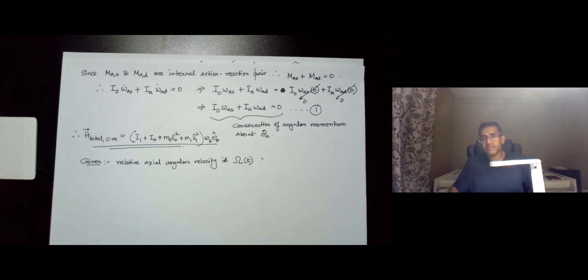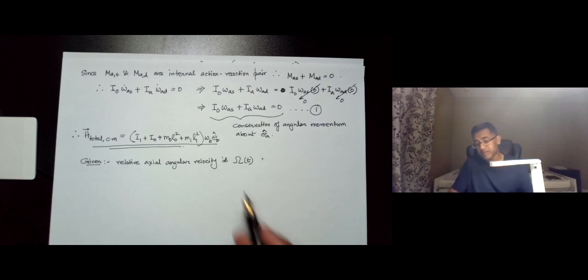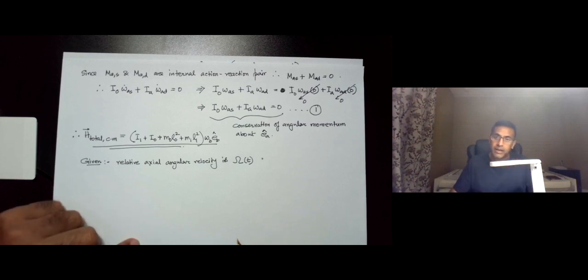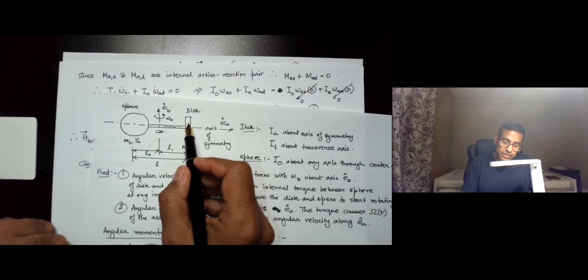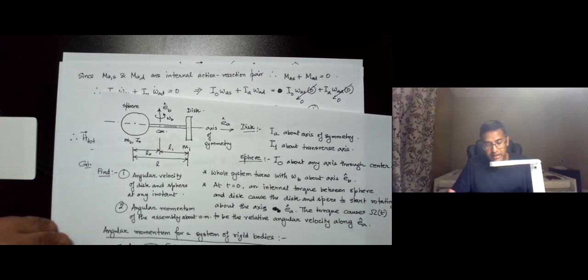This is given. The functional form is not given, but the problem specifies that you can assume it to be a certain omega, which is a function of time. Now we can assume that the angular velocity in the axial direction between this and this is omega, so that will give us the second equation.